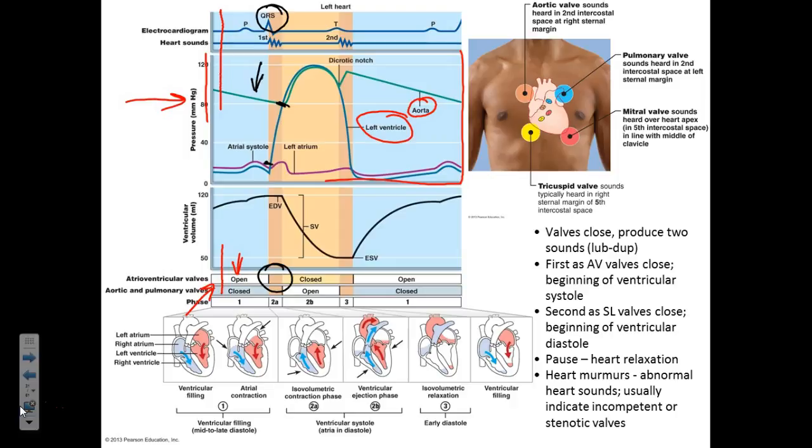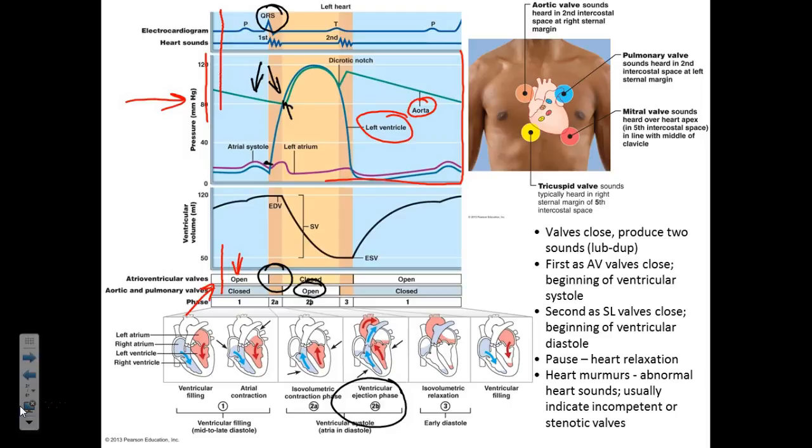Once the pressure in the ventricle, the blue line, becomes higher than the pressure in the aorta, the green line, that opens semilunar valve, and you can see it opens semilunar valve, and blood is being ejected into the circuit. In this case, it's going to be a systemic circuit, right?